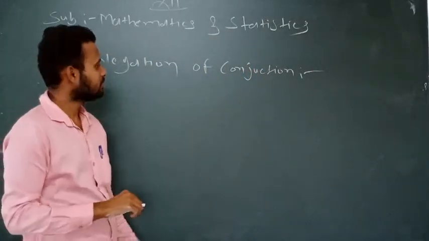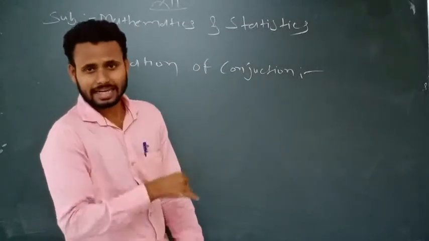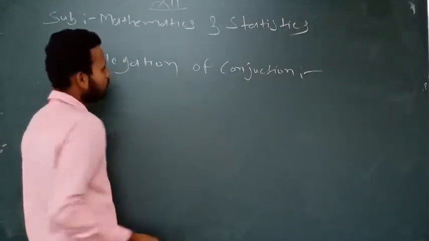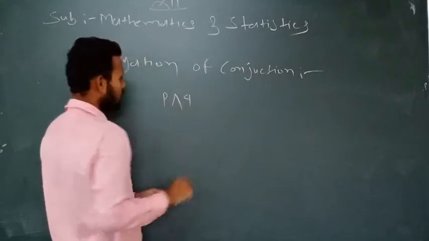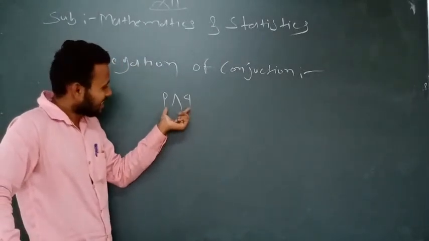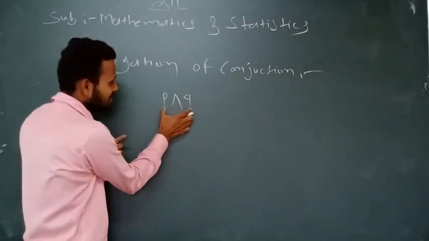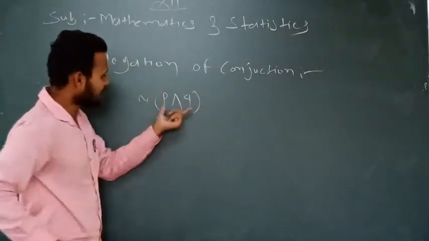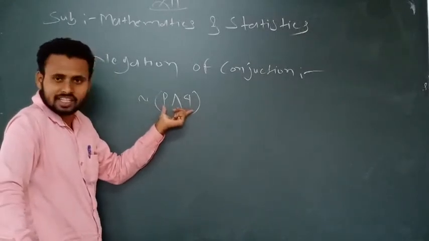Negation of conjunction. If I write P conjunction Q, this is a statement pattern. It is a conjunction of two simple statements, P and Q. If I take its negation, it is a negation of conjunction of two simple statements.